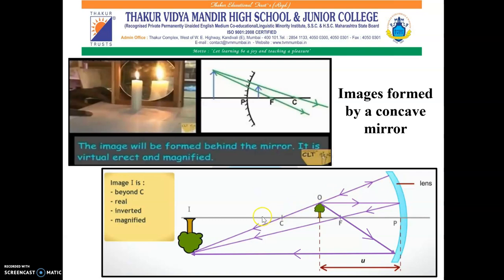And if it is passing through the center of curvature, it will be reflected back along the same path. So over here you can see the image that is formed is beyond the center of curvature. It is real because it is formed on the same side of the mirror. It is also inverted as well as magnified. So the type of the image that is formed by a concave mirror depends upon the position of the object where it is located.